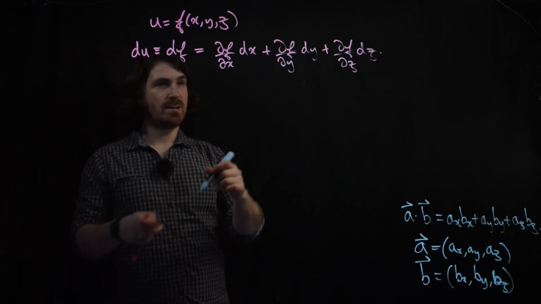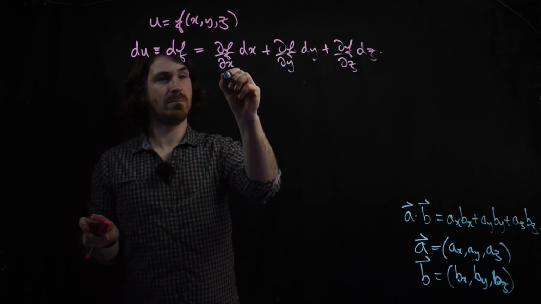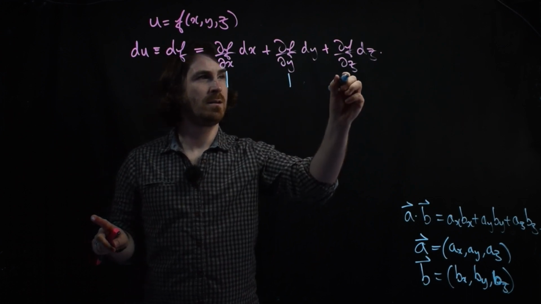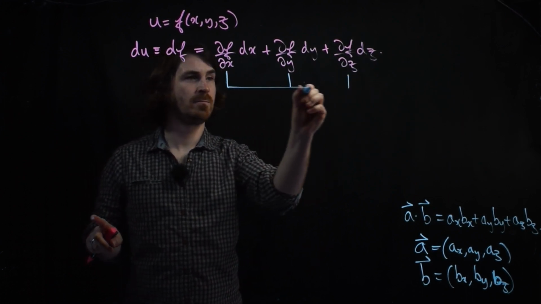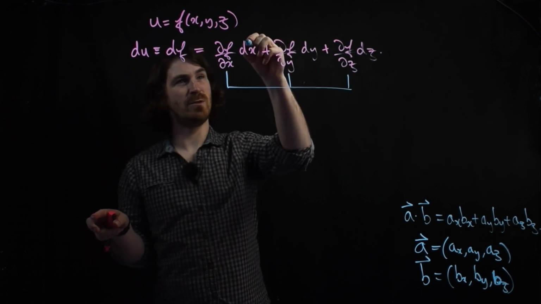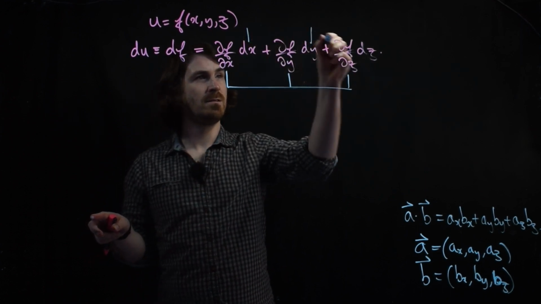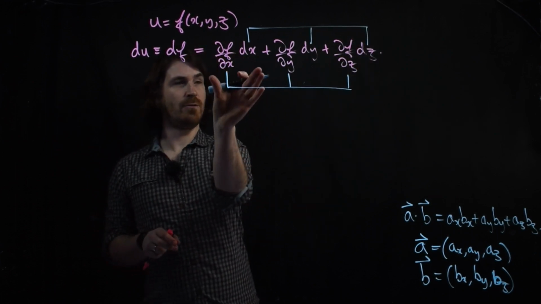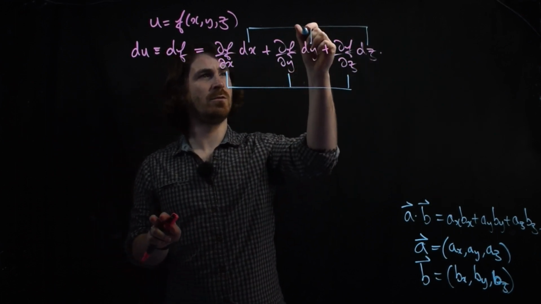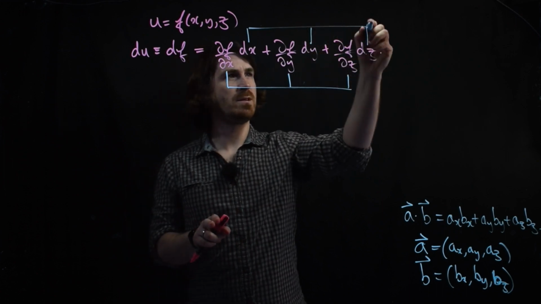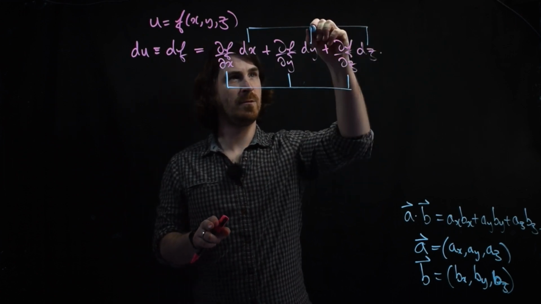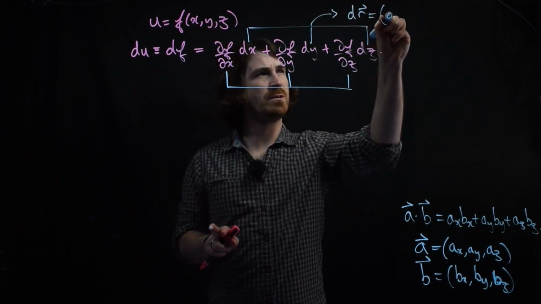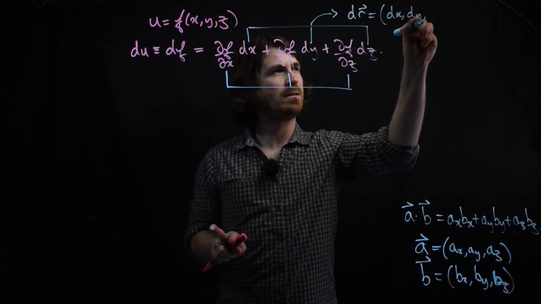And you see that we can identify a vector with components df by dx, df by dy, and df by dz, and a different vector with components dx, dy, and dz, and form this as the dot product of both. So this is the vector dr, which has components dx, dy, dz.